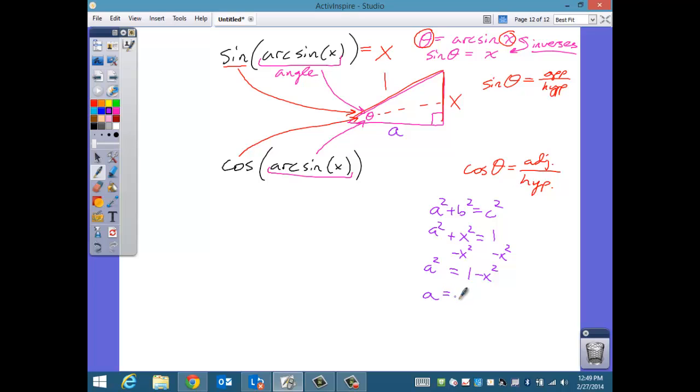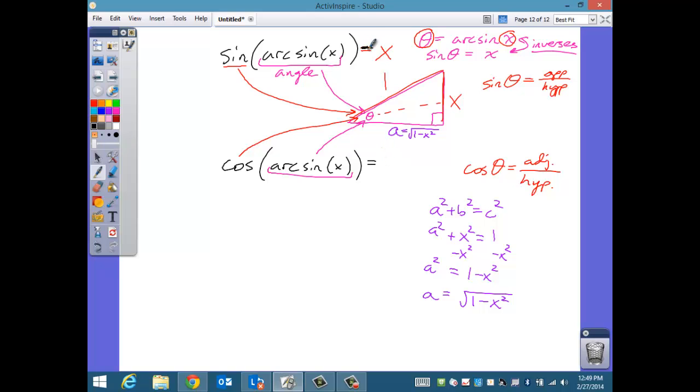And so a is going to be the square root of 1 minus x squared. So that's what I have right here. And when I do the cosine, which is adjacent over hypotenuse, this is the adjacent side, divided by 1, is my value for this.